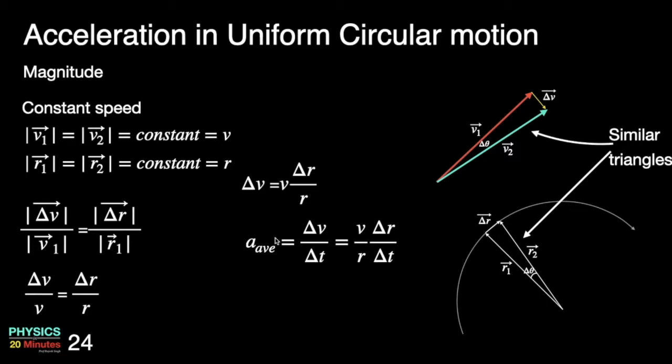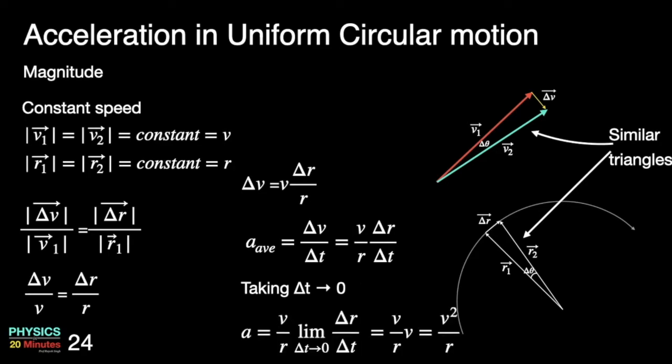So the average acceleration, which is given by rate of change of velocity, can be obtained as delta v by delta t, which can be written as v by r, delta r by delta t. We can take the limit delta t tending to 0, that means shrinking the interval between the first and second position. We get the instantaneous acceleration.